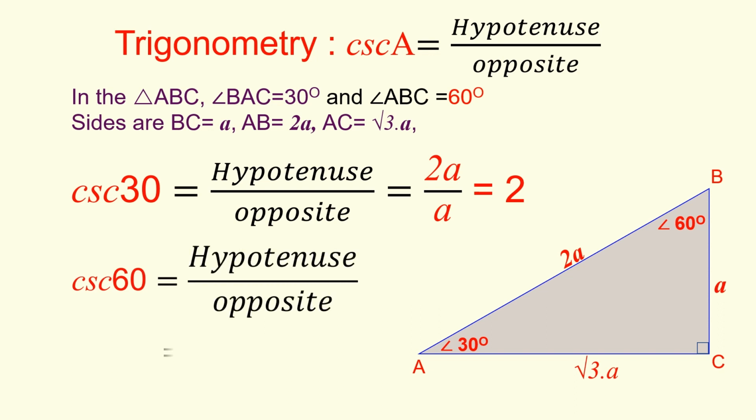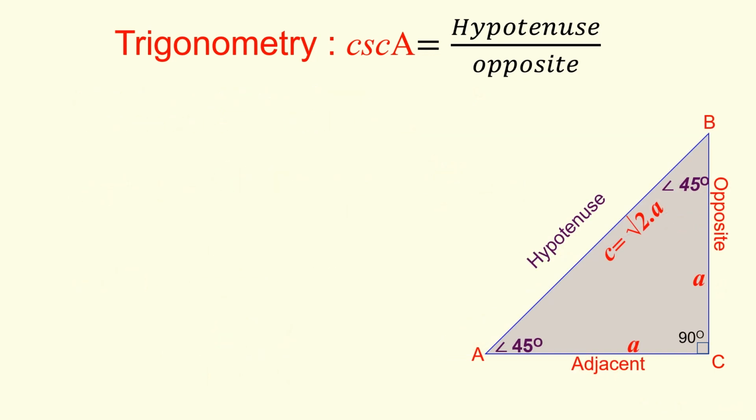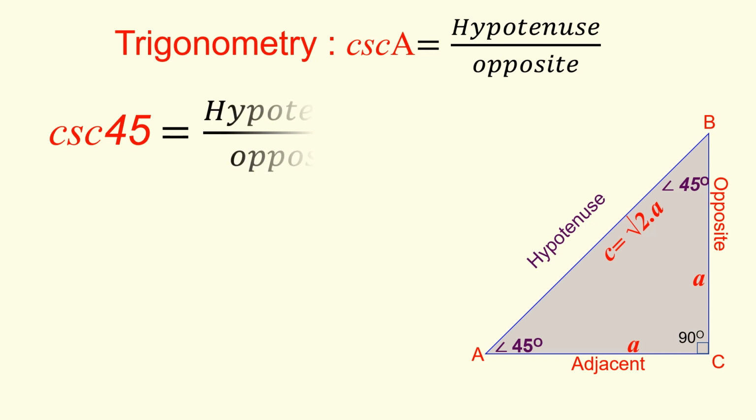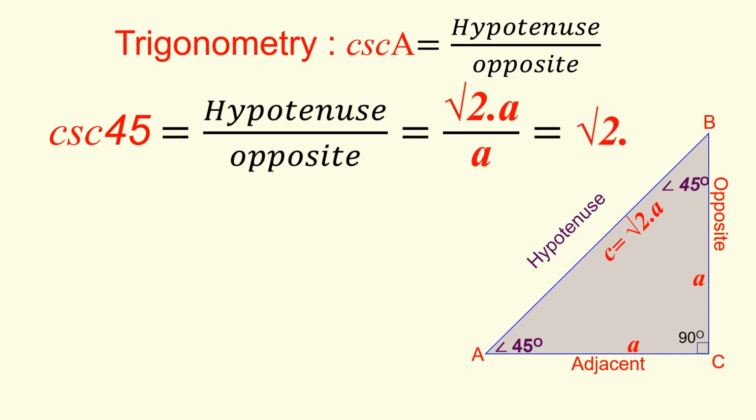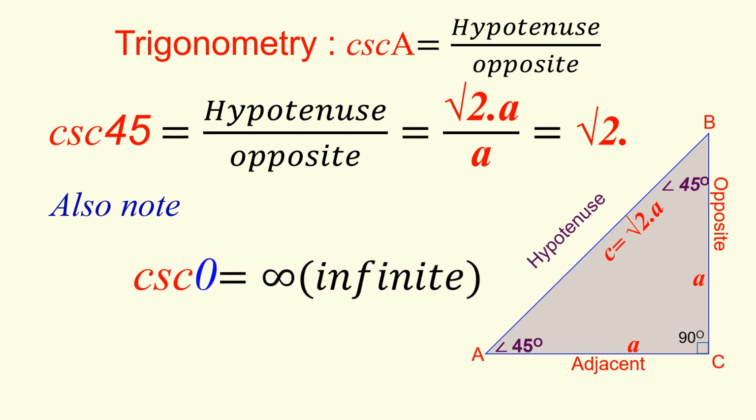And cosecant or cosec 60 degrees equals 2 by root 3. Cosec 45 degrees equals root 2. Cosec 0 degrees is infinite. Cosec 90 degrees equals 1.